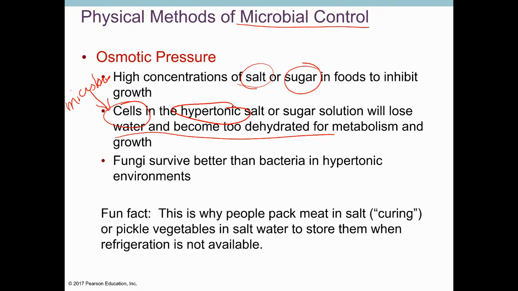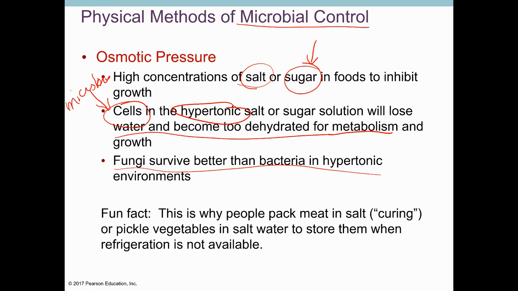And by removing that water, as I mentioned earlier, water is necessary as the solvent for the metabolic pathways that happen in the cell. So without the water, the cell will not be able to grow and probably will die over time. Fungus, though, actually do a little bit better in these cases. Especially with foods that have a lot of sugar, fungus actually does pretty well in those situations. But other kinds of microbes like bacteria would be inhibited by these solutes.